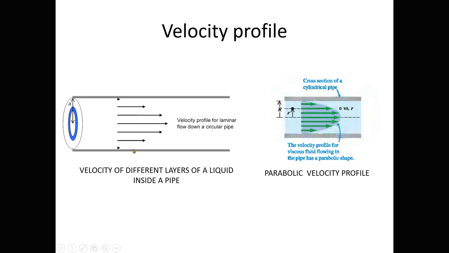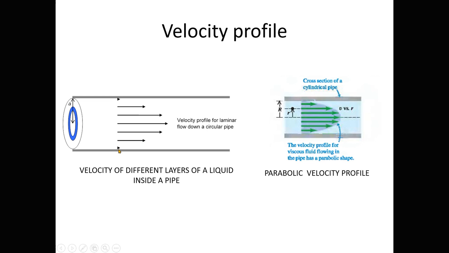Now, the velocity of water throughout the whole cross section is not uniform. The velocity of water which is attached to the surface of the pipe is 0, and as we move from lower to upper, the velocity increases.